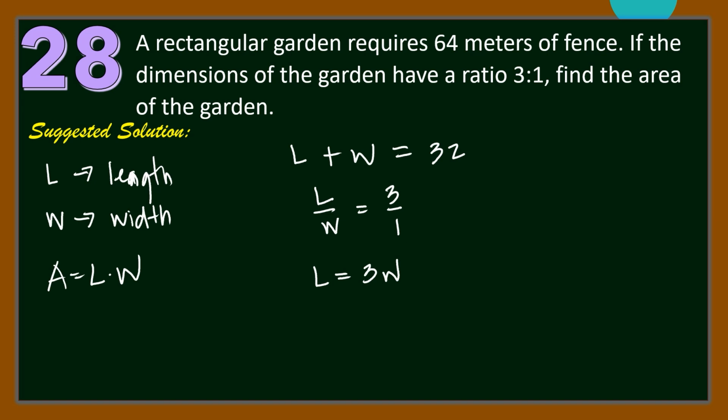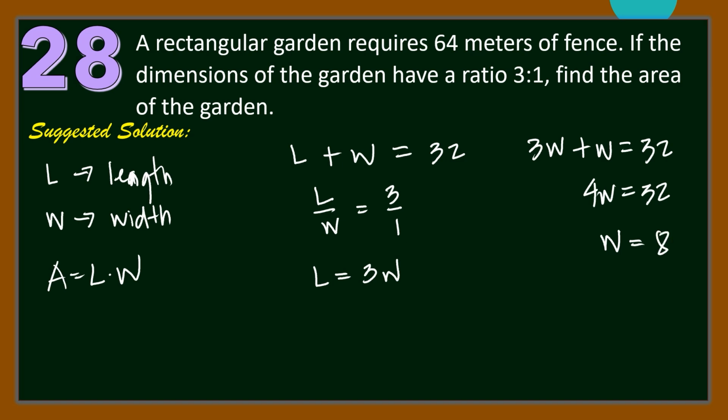Substituting L is equal to 3W into L plus W equals 32, we have 3W plus W equals 32. Therefore, 4W is equal to 32. Dividing both sides by 4, we have width is equal to 8.